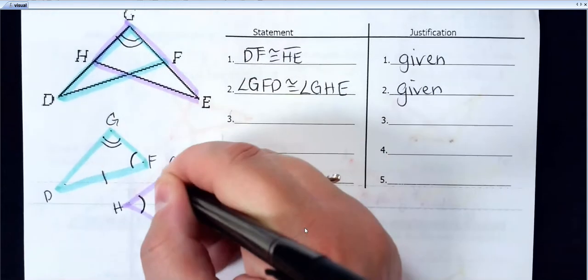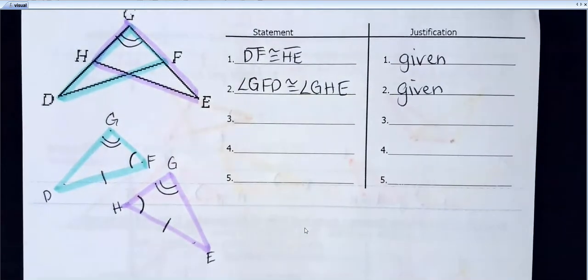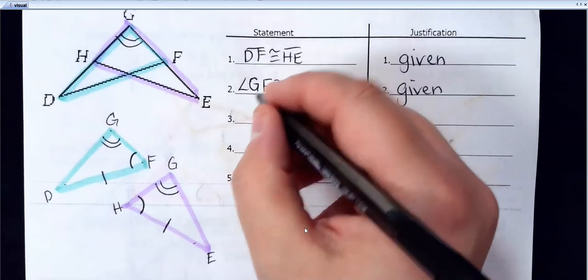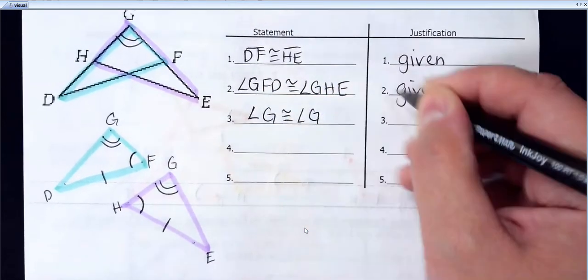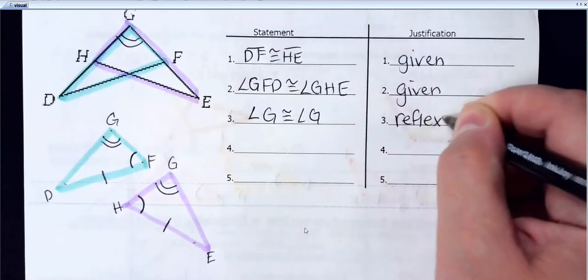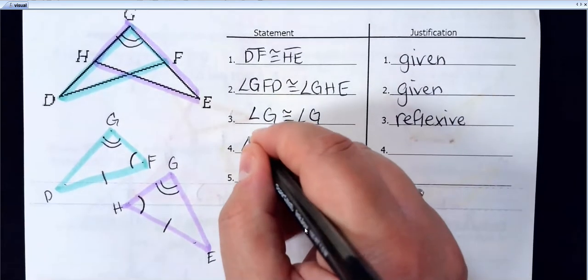So now, ultimately, this question, we are going to do a proof of why 2 sides are congruent. So I've got to prove these triangles congruent first to do that. So I'm going to do angle G, just reflexive. That one's in both. And I've got to make my own congruent statement here.